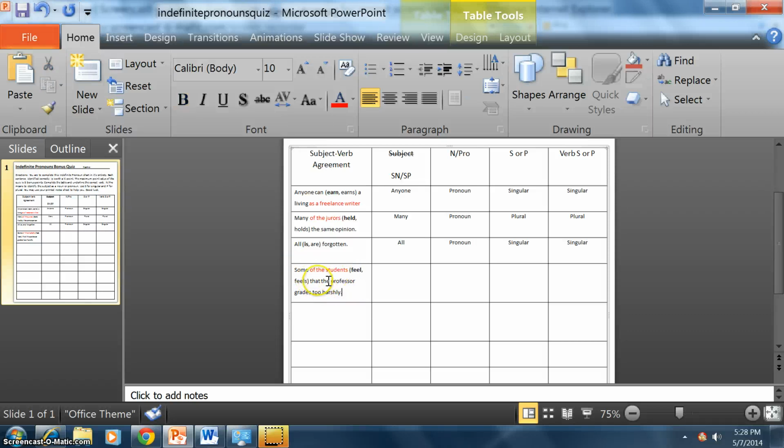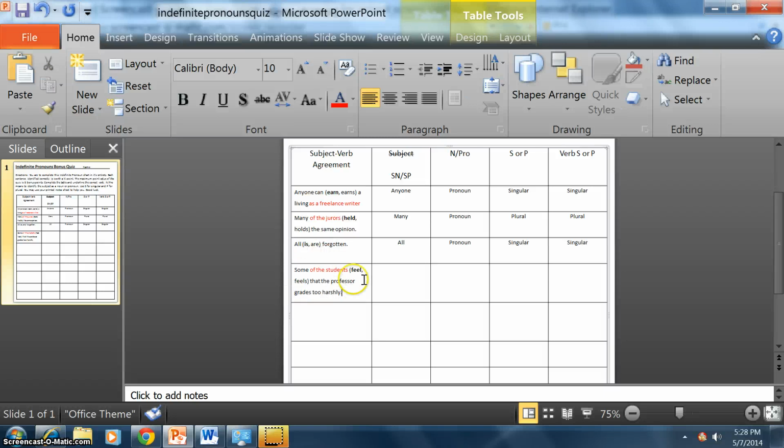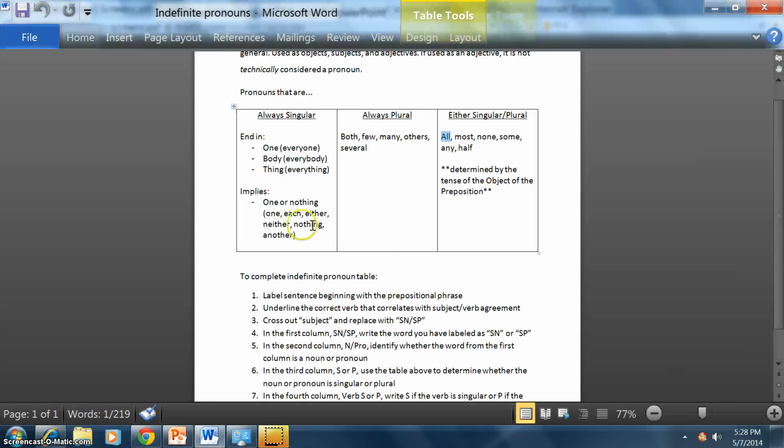Here I'm not quite sure what all these are yet because I've already identified my prepositional phrase. I see a couple of adverbs in there, but I don't want to label too much. I don't want to do too much work. Of the students, I take a look at this object of the preposition right here, the word students. That suggests to me with that S there that this is going to be a plural indefinite pronoun.